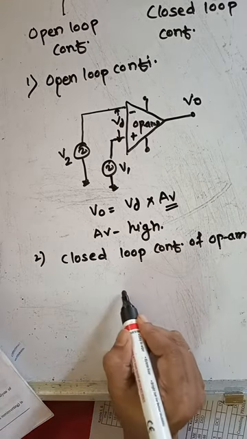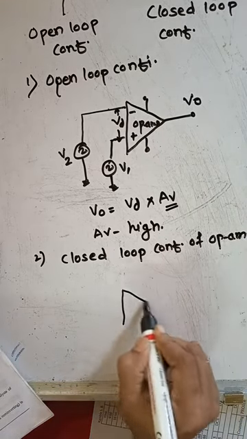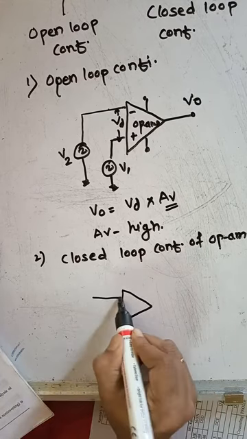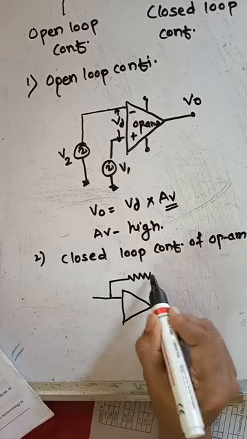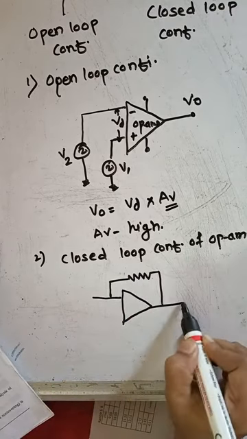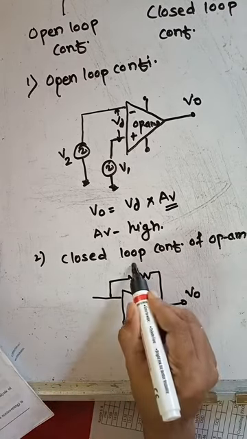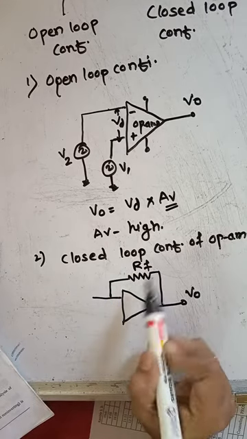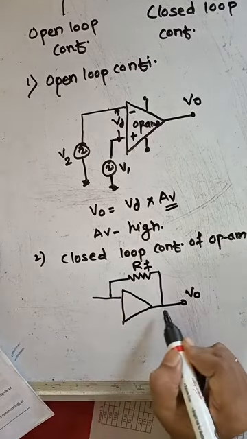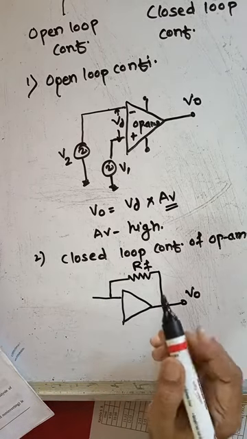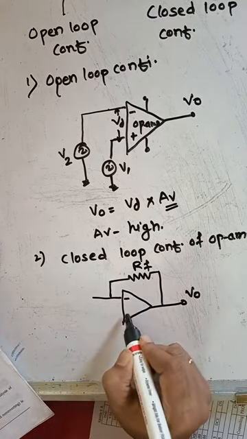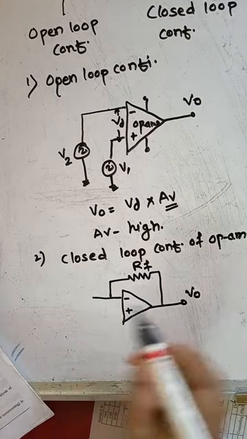In closed loop configuration, some part of the output is fed back to the input side by using a resistor, which is called a feedback resistor. Some part of the output is fed back to the input side, maybe to the negative terminal or maybe to the positive terminal.